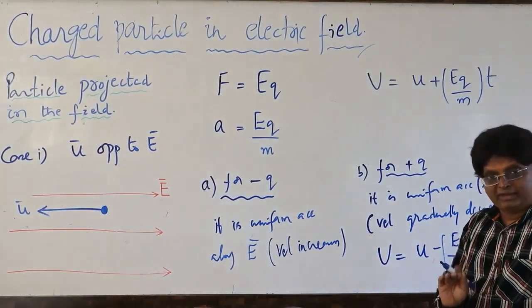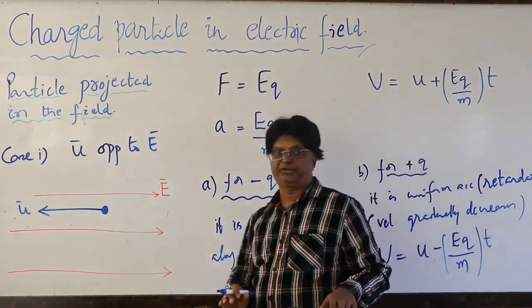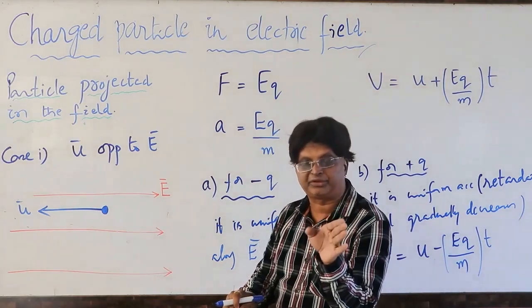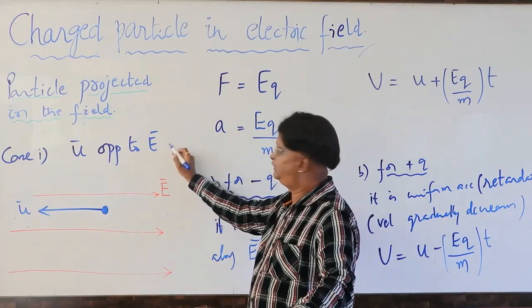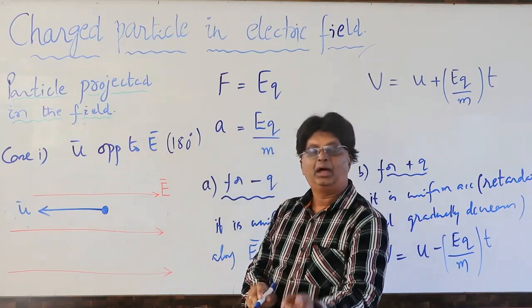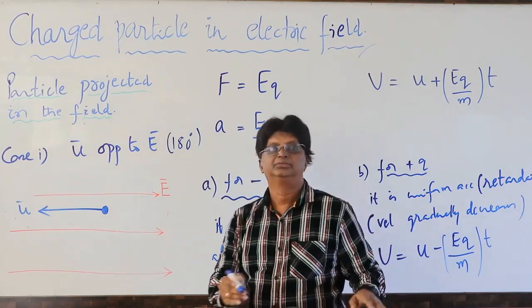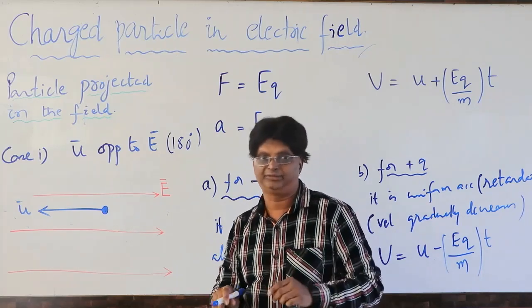So when looking at the charged particle projected, the first point you should look at is the direction in which it is projected. We are now taking the case of u bar opposite to E bar, which means the angle between the vectors is 180 degrees. Earlier we said u bar parallel to E bar means the angle between the vectors is 0 degrees. So we have discussed the cases of 0 degrees and 180 degrees.